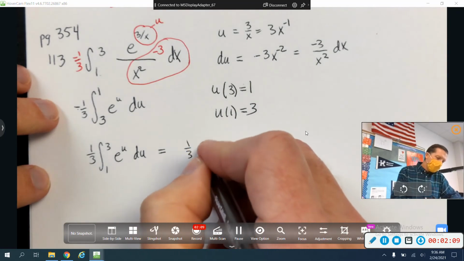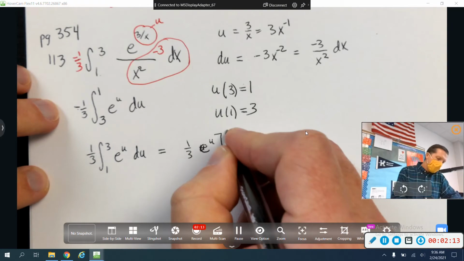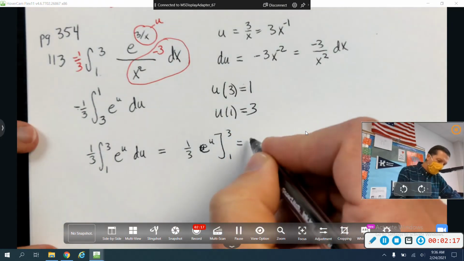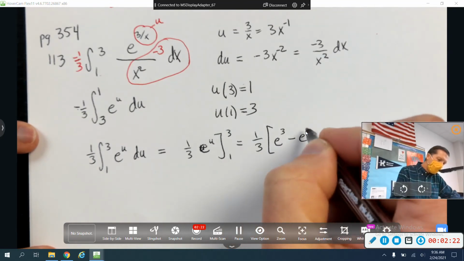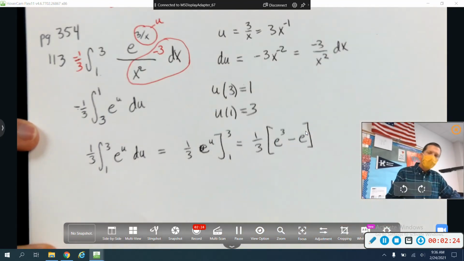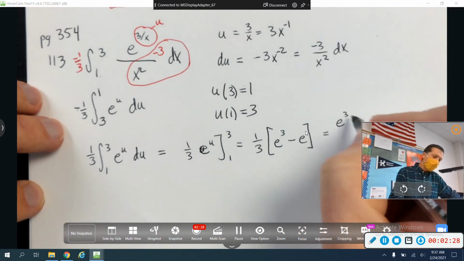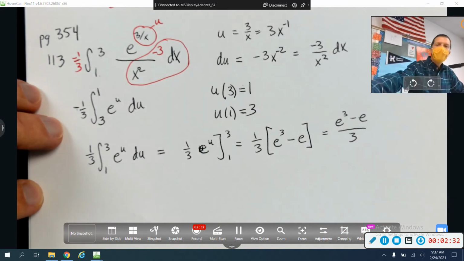So 1/3 e to the u from 1 to 3. So e cubed minus e to the first. I would leave it like that. I don't think there's really anything else you could do. I guess you could write it like that, but that's pretty clearly the same thing.